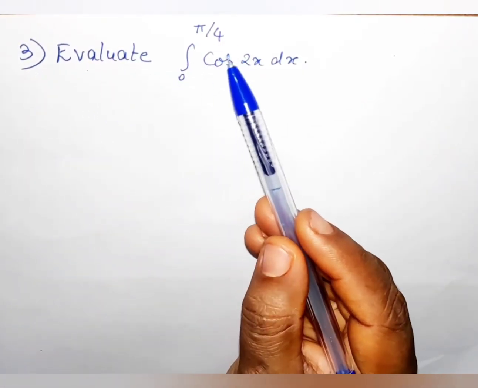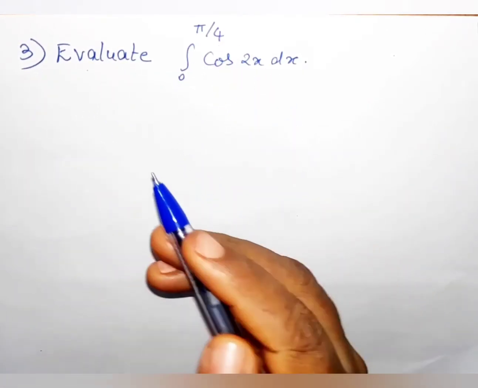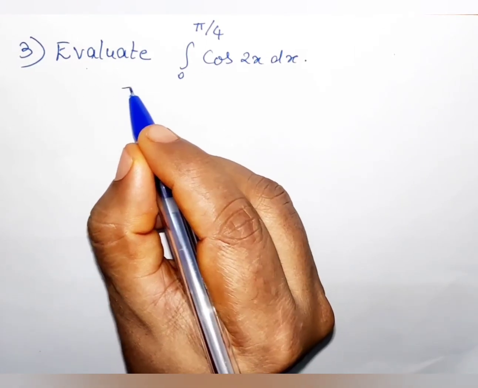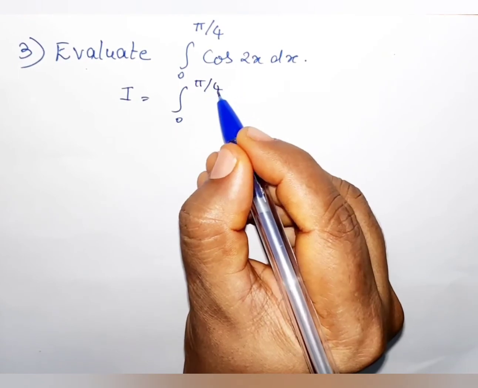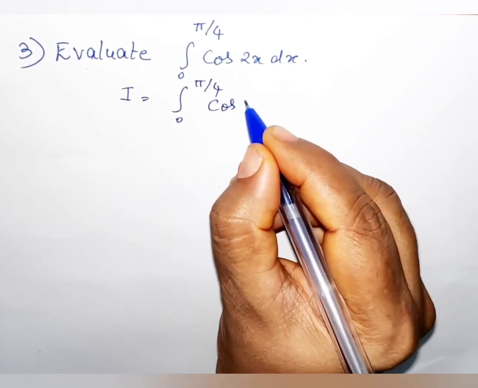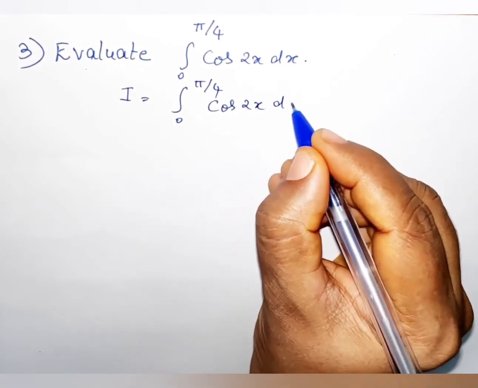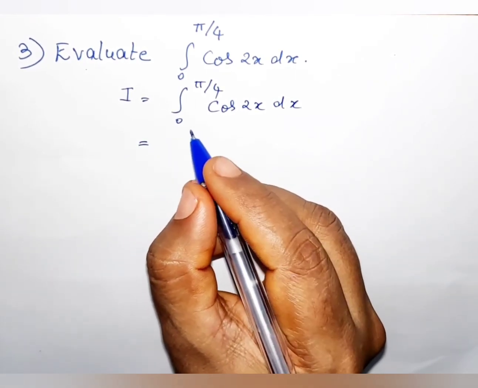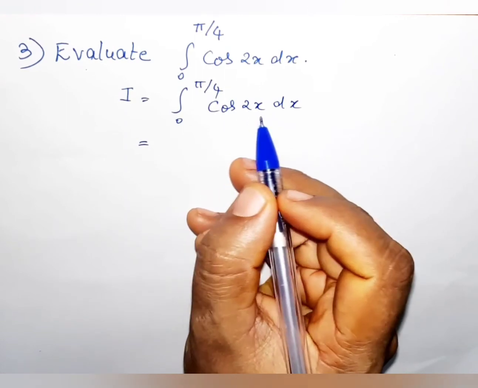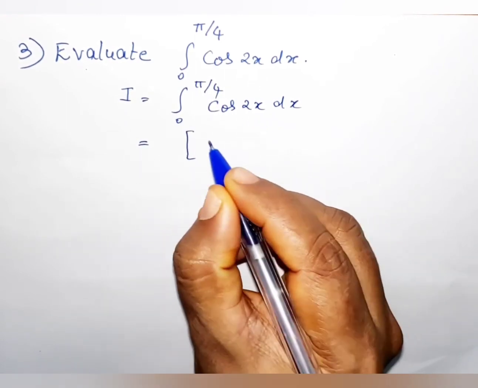Now let us solve the third sum, that is the integral from 0 to pi by 4 of cos 2x dx. Let us first write I is equal to the integral from 0 to pi by 4 of cos 2x dx. Now what is the integral of cos ax? It is sin ax by a.